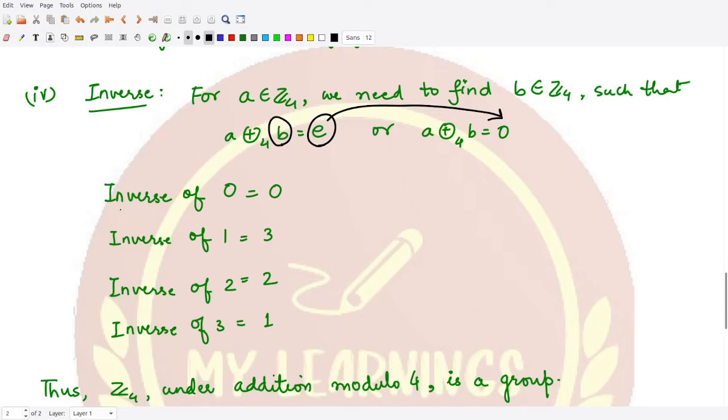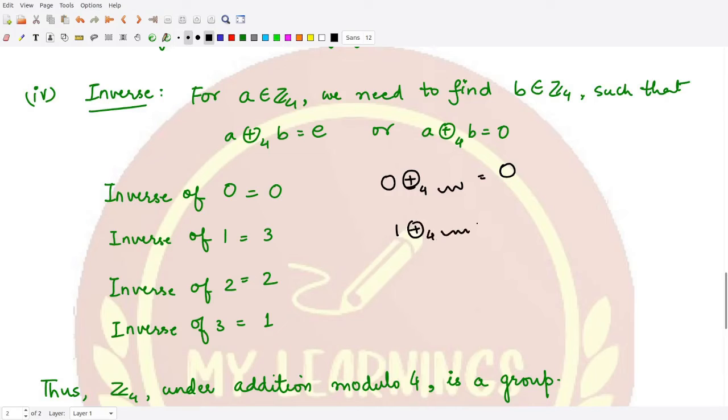So here we are looking for numbers such that for 0, 0 addition modulo 4 what number is equal to 0. Here we are looking for 1 addition modulo 4 which number is equal to 0. Here also it is like this. So we need to fill in these blanks through the use of the Cayley table.